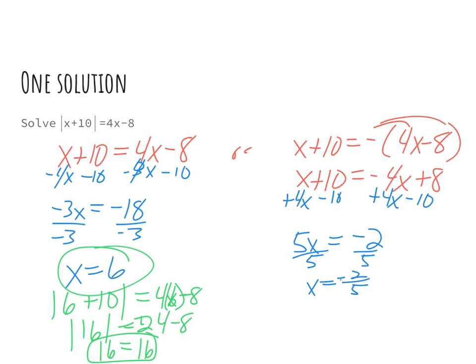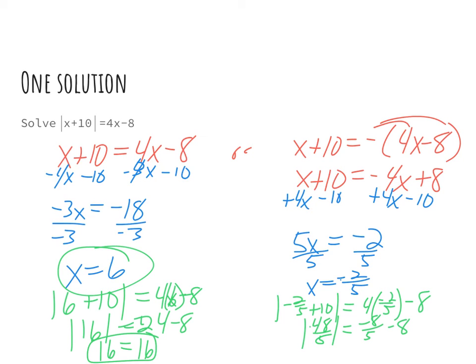Now I'm going to plug in negative 2/5. The absolute value of negative 2/5 plus 10 is equal to 4 times negative 2/5 minus 8. Negative 2/5 plus 10, you would have to rewrite 10 in terms of fifths, so that would be 50 fifths. Negative 2 plus 50 is 48 fifths. 4 times negative 2/5 gives me negative 8 fifths minus 8.